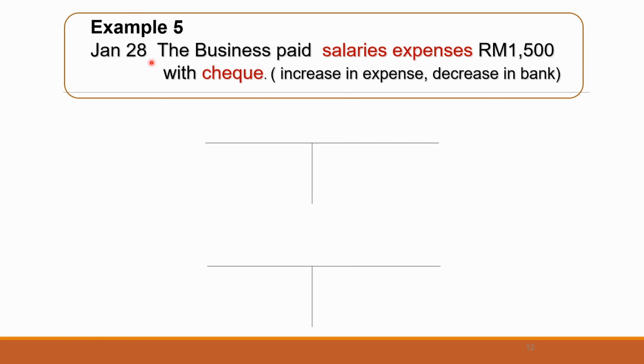The next transaction, 28th of January, the business paid salaries expenses, RM1,500 with cheque. So it will increase in expenses. And you should know that there is a decrease in equity, but we just want to record the expenses account. So another one, we have to record decrease in bank. So there are two accounts involved.